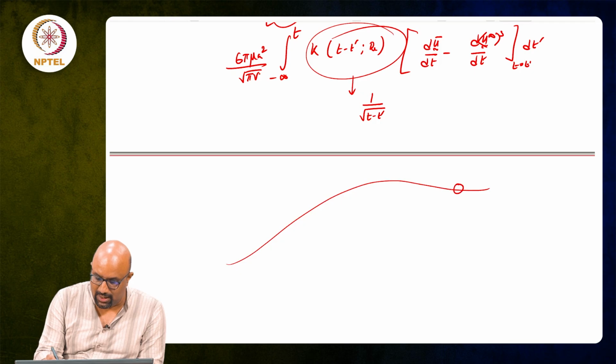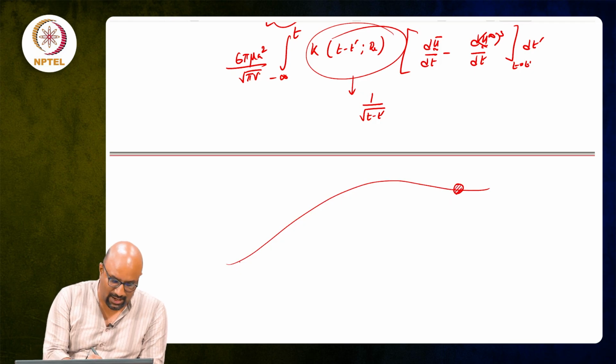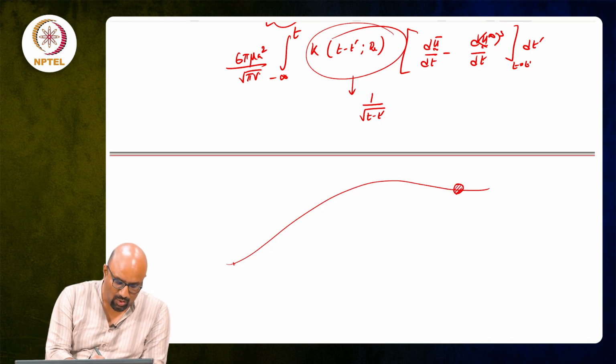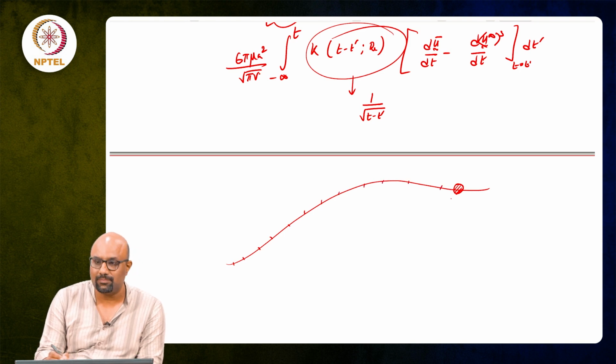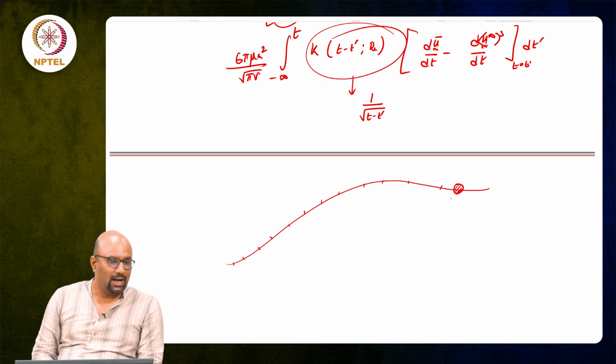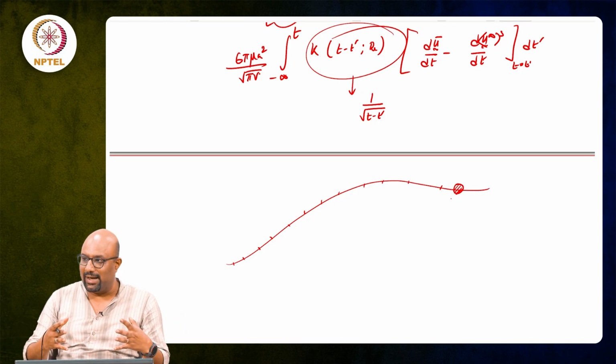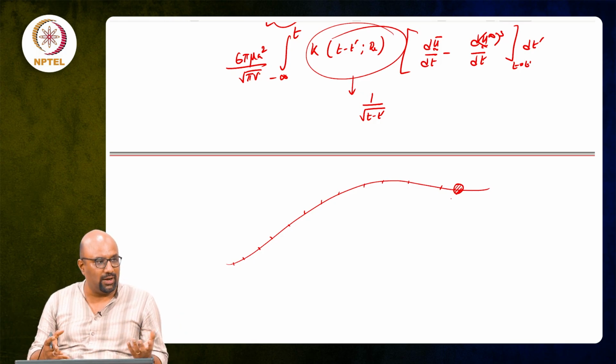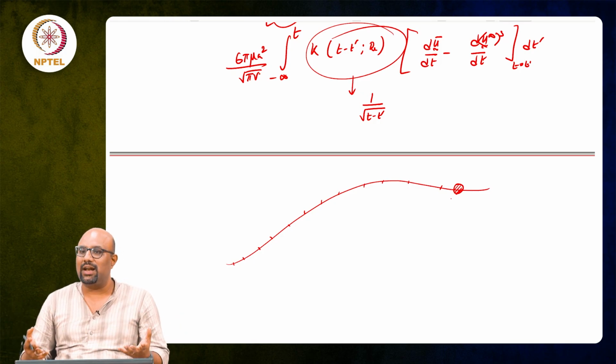So, there is a spherical particle which is moving, and you are trying to basically find out what was its acceleration at all points in the past, and you are trying to add them together with a certain weight, which is that 1 by root t weight, and find what is the net history force that it is experiencing.